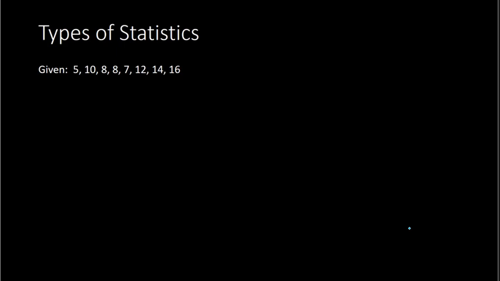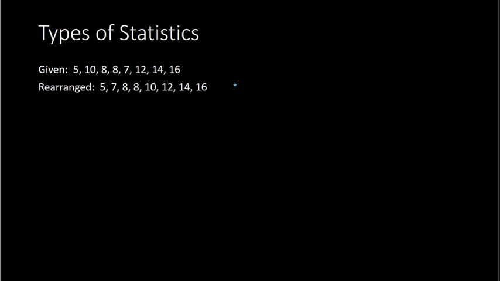Now, before we do anything with determining the statistics or different measurements from this list of numbers, it's always best to rearrange from smallest to biggest number. So here we have arranged from smallest to biggest, 5 to 16.